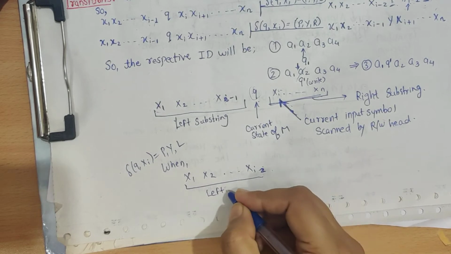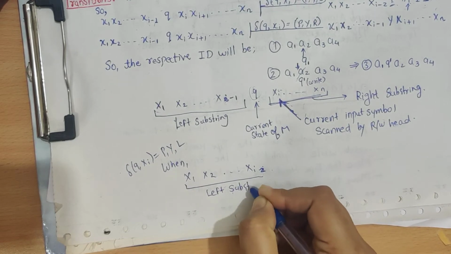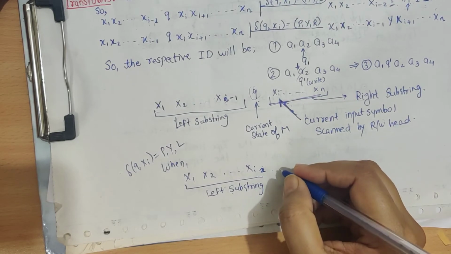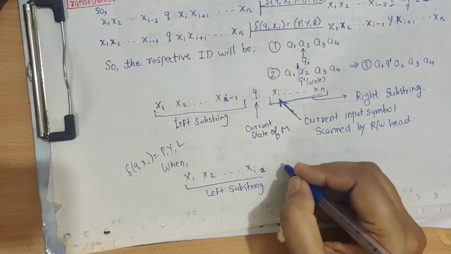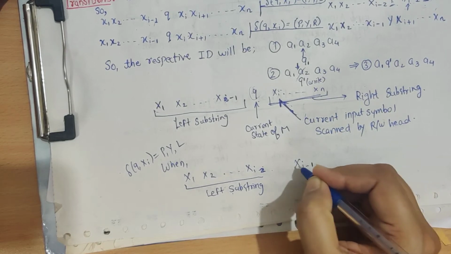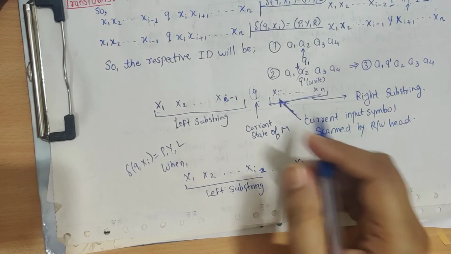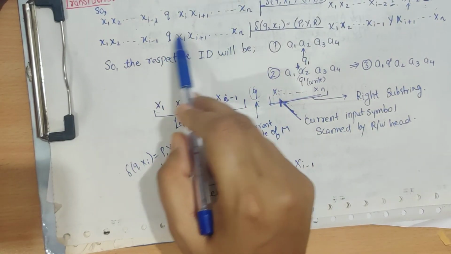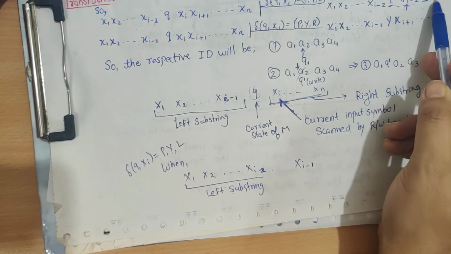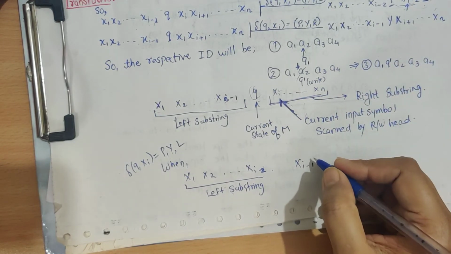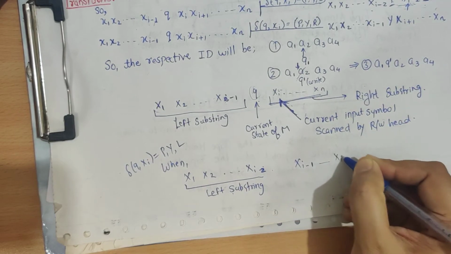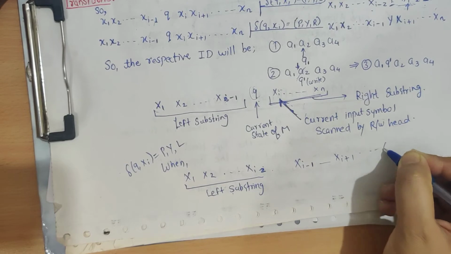Xi minus 2, left substring. Then here there was xi minus 1. Here you can see xi minus 1, then the other state, and then xi plus 1 up to xn.